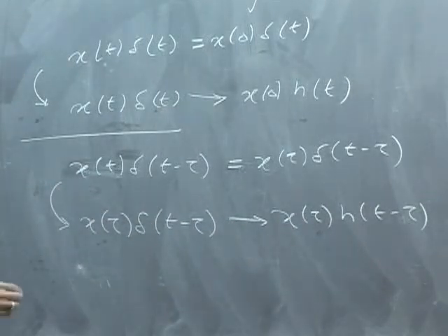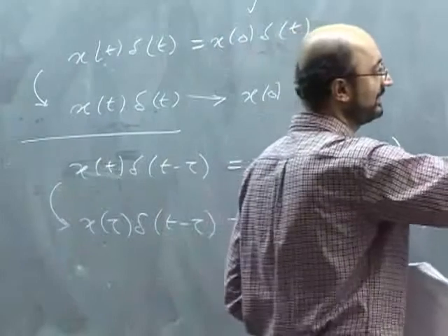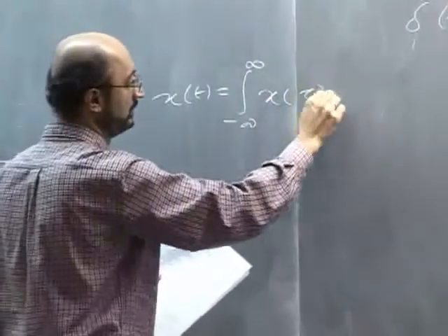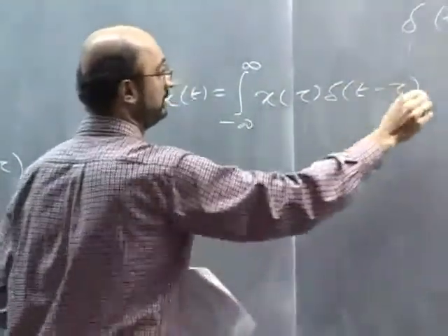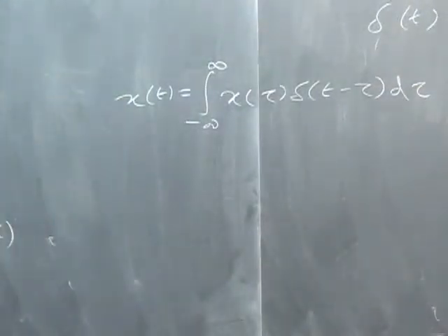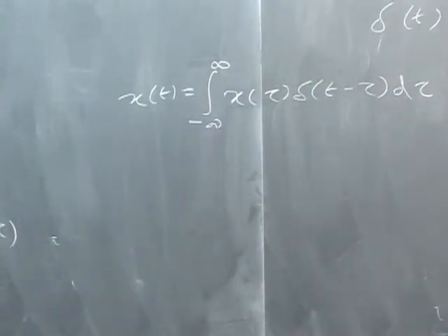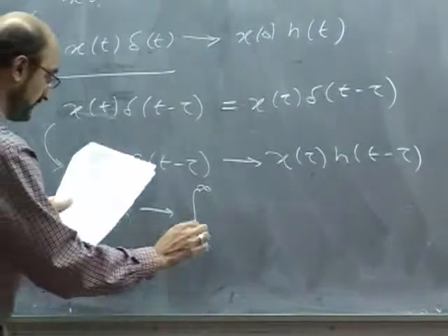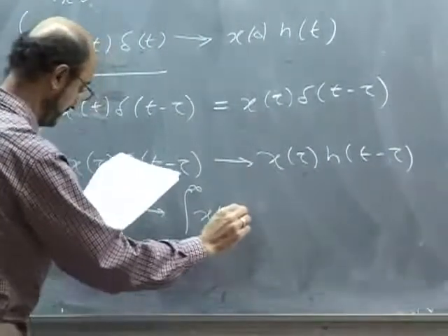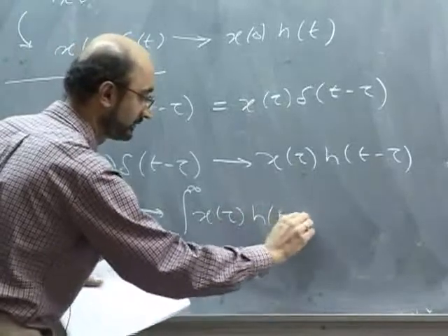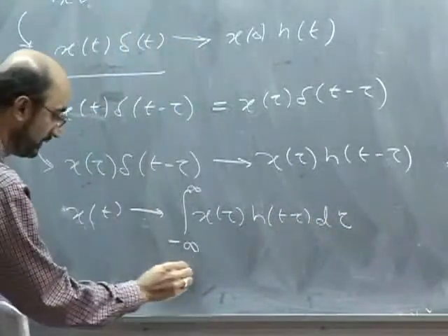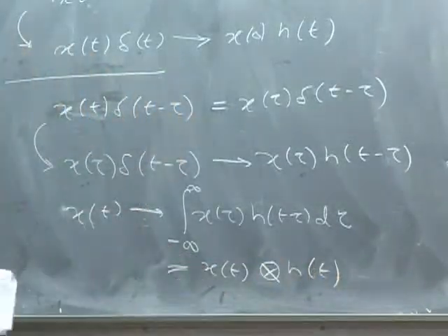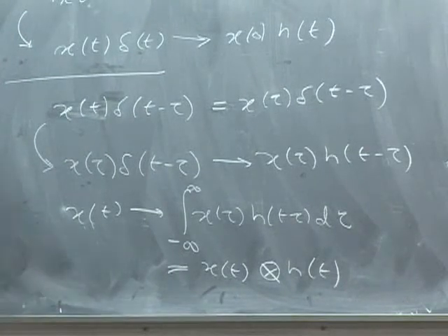And then finally, I know that x(t), I'm just going to write this on the side, x(t) equals the integral from minus infinity to infinity of x(tau) delta(t minus tau) d tau by definition, which means that if I integrate both sides, x(t) leads to the integral from minus infinity to infinity of x(tau) h(t minus tau) d tau, which is equal to x(t) convolved with h(t). Okay, again, by definition of convolution.